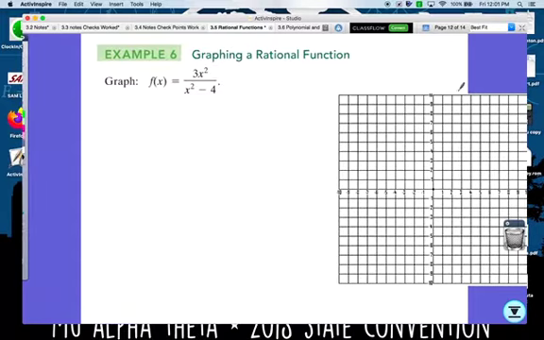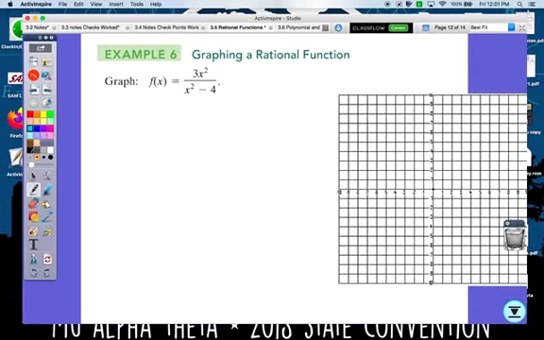All right, so let's take a look at this one, example 6. For the y-intercept, we plug 0 in, so f(0) is equal to 3 times 0 squared over 0 squared minus 4. That gives me 0 over negative 4, which is 0.